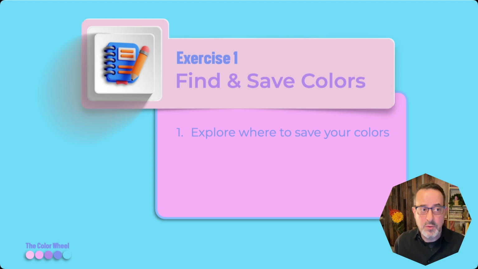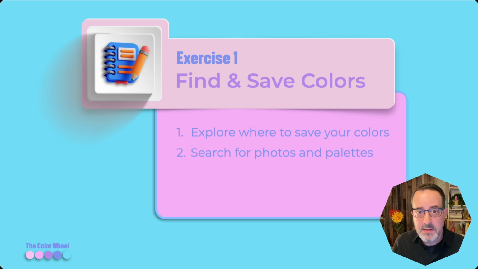You can even use something like Pinterest to collect colors from around the web and save it if you're a Pinterest user. You can also use PowerPoint or Apple Keynote, anything where you can paste an image in. And for now, that'll be fine. I'm going to show you some other ways you can do it going forward, and we'll get more and more sophisticated. But just find somewhere and remember it where you're going to save some of the colors that you start collecting.